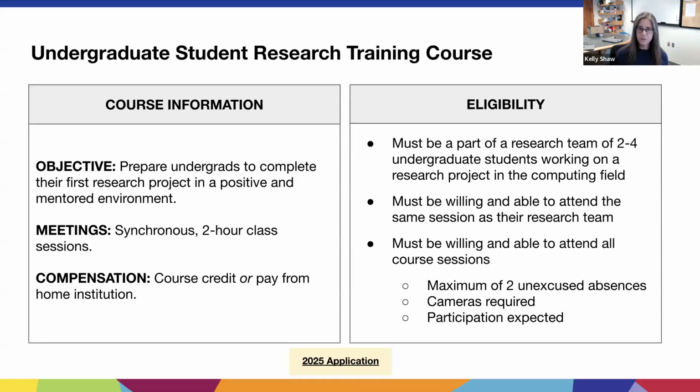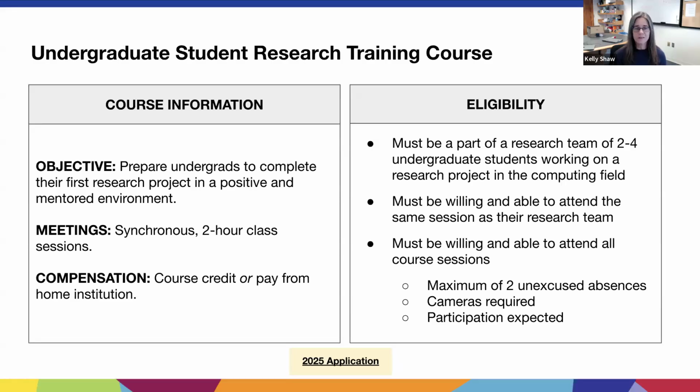So the undergraduate student research training course prepares undergraduates to complete their first research project in a positive and mentored environment. It is a synchronous 2-hour course meeting time that happens throughout the term that it's being applied. And we ask that faculty members either provide students with course credit or pay in order to compensate them for their involvement in this course.